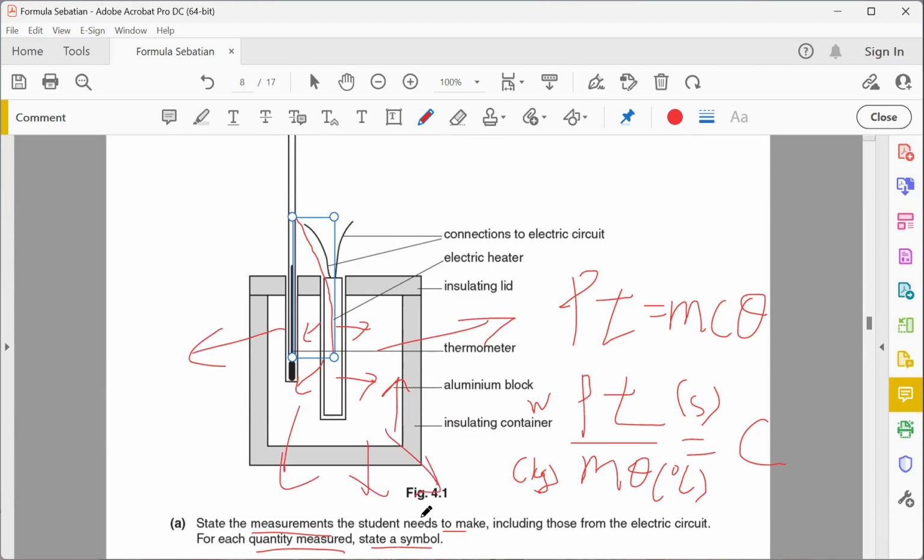And because of that, in reality, whenever we're dealing with any heat related question, guys, everyone pay attention, we want to prevent the heat energy from being lost to the surrounding, and that is the reason why we always use these insulators.